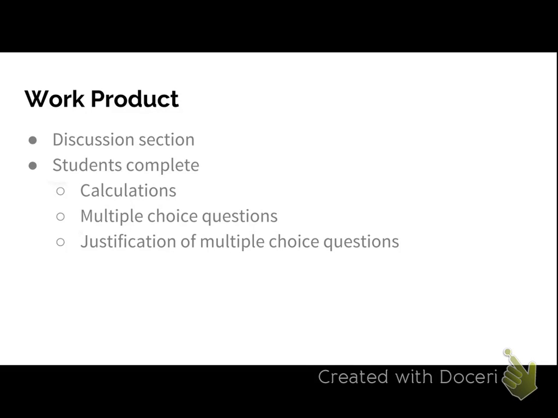So they can't just write yes, they can't just write no. They have to actually justify their answers, which I think is a great thing. So after looking at and completing and playing around with the discussion section, I decided this was a valuable tool, and this would actually be a good assessment without having to even create my own.